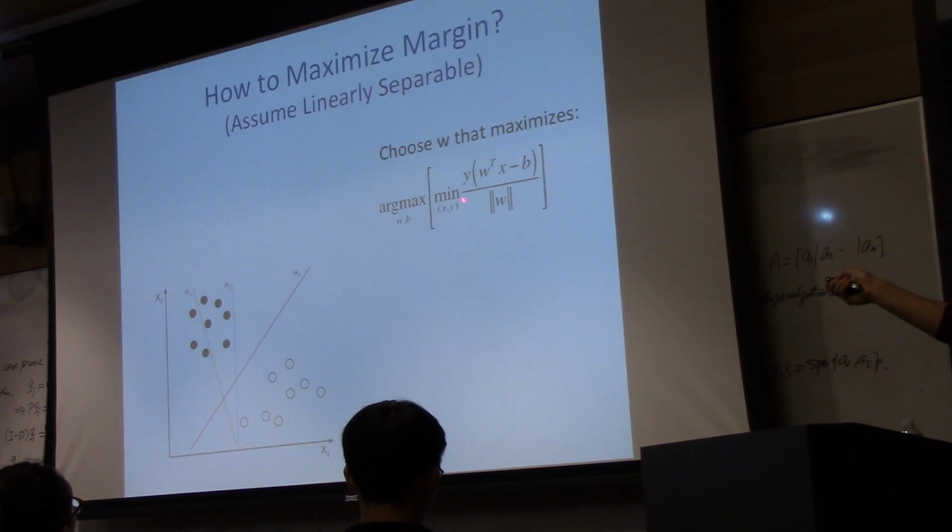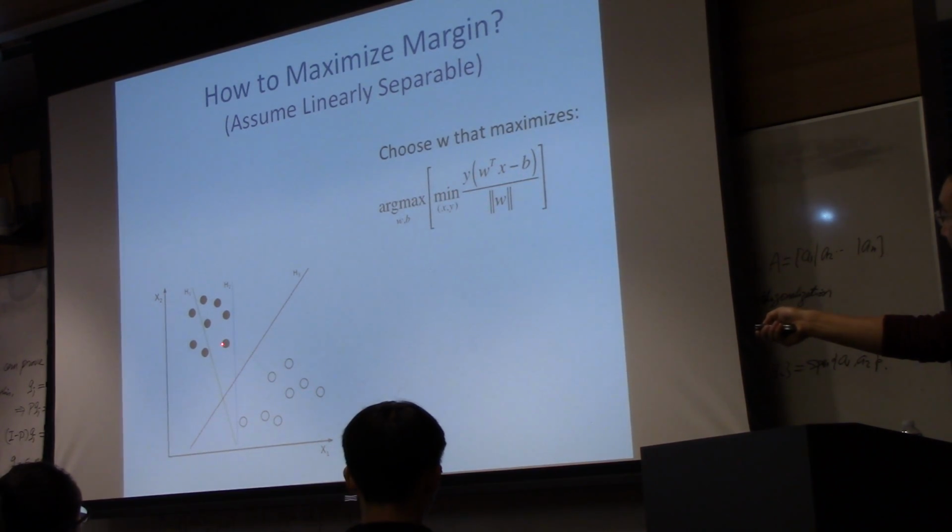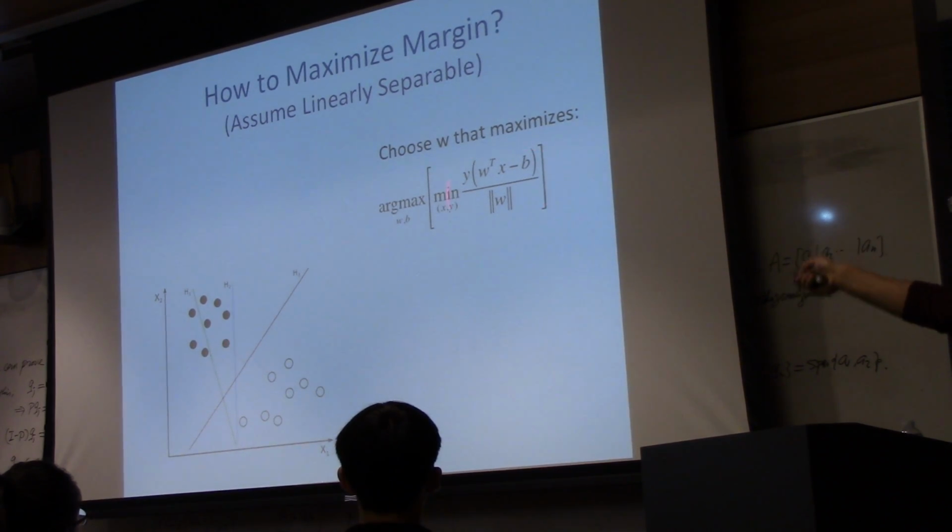Well, the margin is simply the minimum over this quantity, the signed distance times the label of every data point in our training set. The one that has the minimum such distance defines the margin, right? These 2 points are the ones that have the minimum such distance. So the optimization problem can be phrased simply as finding the parameters W and B that maximize the minimum distance. And that's when the margin is the minimum distance.